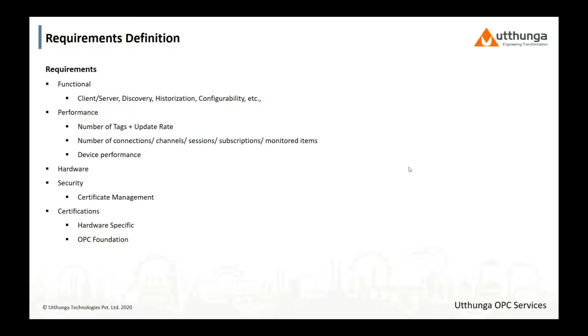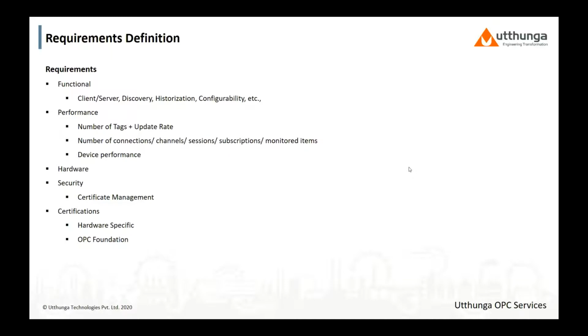You can have different sets of such combinations, because as the number of tags becomes larger, the update rate, meaning the time, also becomes larger. Also, consider how many connections you should maintain, meaning how many servers your client should connect to, or how many clients your server should allow to connect.